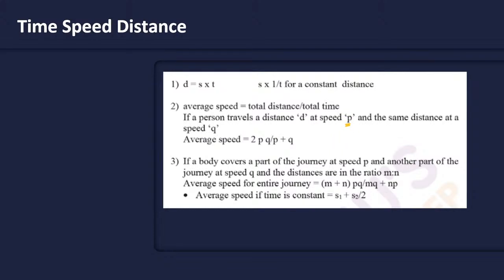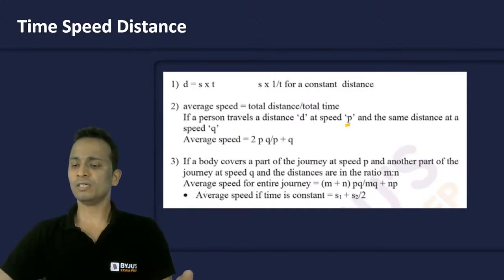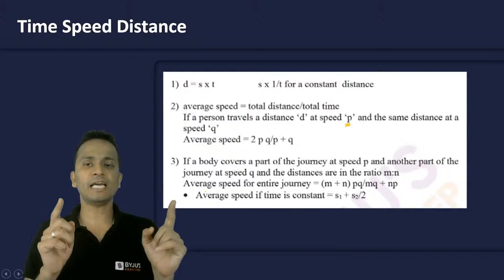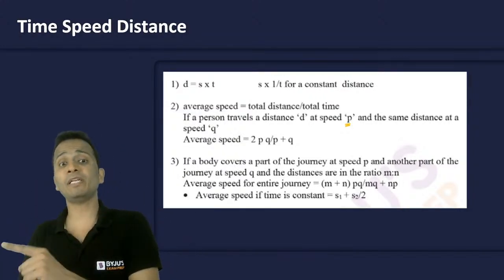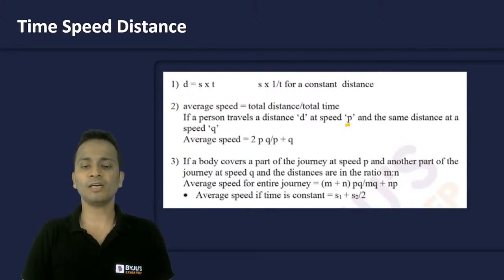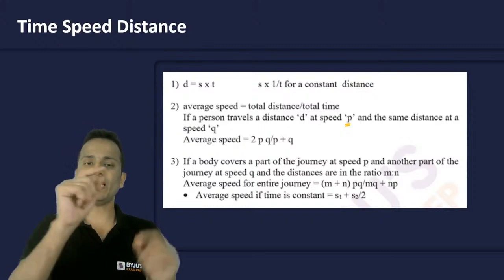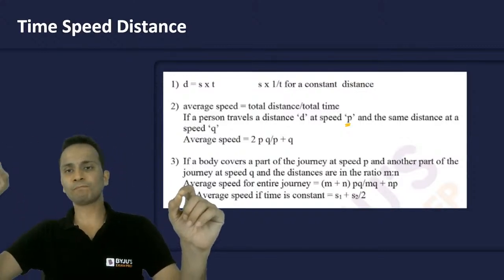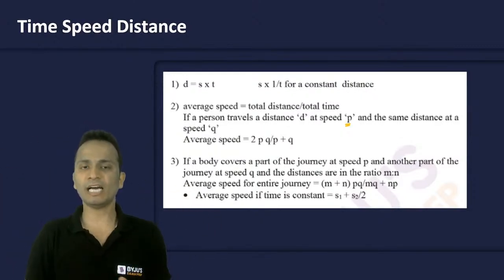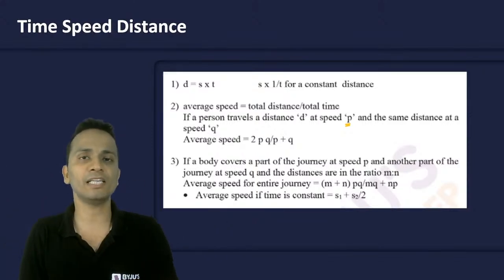So basically the journey is divided in 2 parts, right? So distance d at the speed of p and the same distance d at a speed of q. You will see this type of thing when a person travels in to and fro motion. So पहले point A से point B पे गया and then B से वापस आ गया, या फिर point A से point B पे गया and then B से C पे गया and the distances are equal.